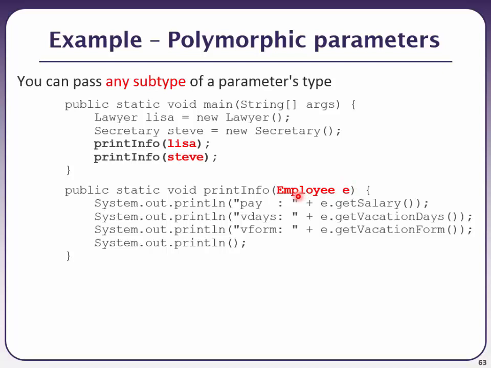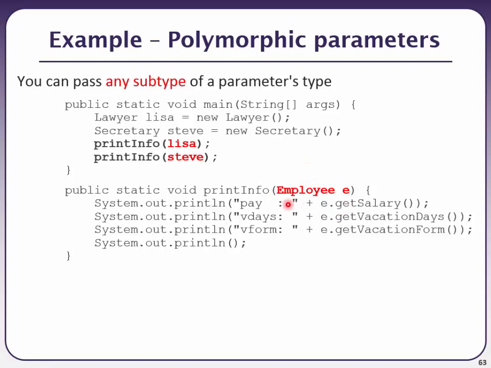And therefore, by polymorphism, this parameter here, e, can hold a reference to an object of class employee or reference to any subclass of that superclass. So that means lawyer is a subclass of employee, secretary is a subclass of employee. So that's why it works, okay? So we accept anything that is an employee or a specialized subclass of employee.